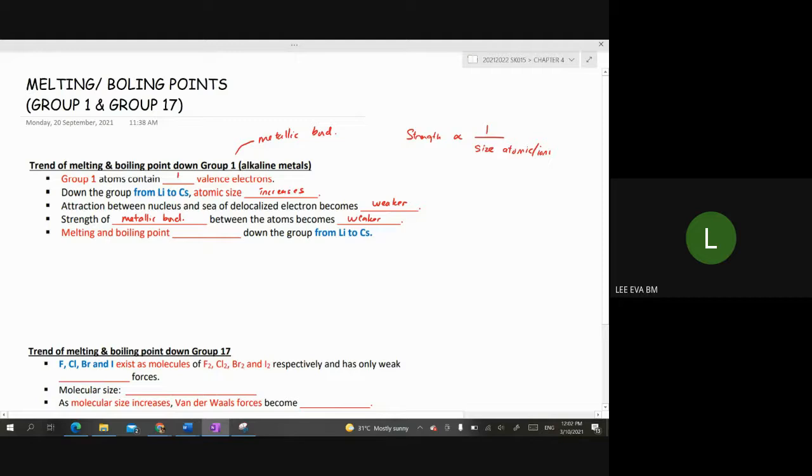Sorry, size of atom or ion. Okay, so when we have a bigger size, you have a weaker metallic bond. So the strength of metallic bond becomes weaker as the size increases. Then what happens to the melting and boiling point? Is it increases or decreases? Decreases. Okay, boiling point depends on strength. So strength becomes weaker, therefore your boiling point will decrease from lithium to cesium.